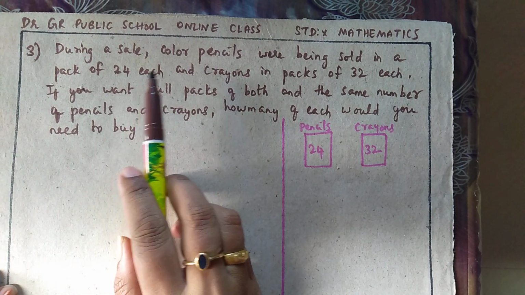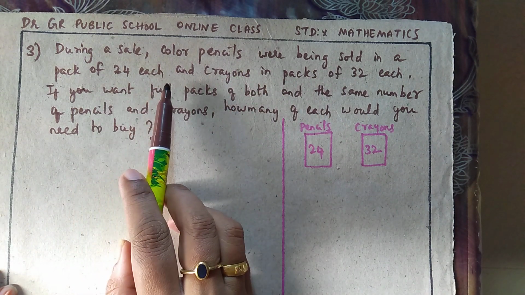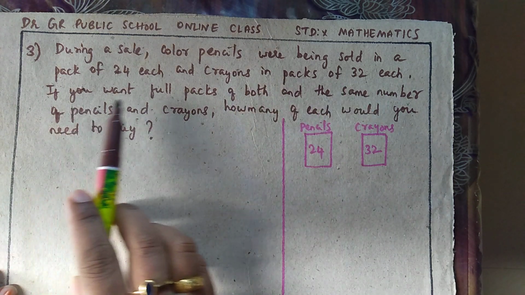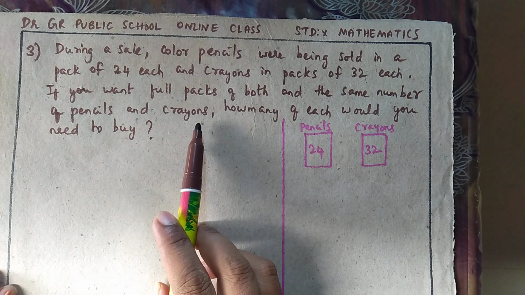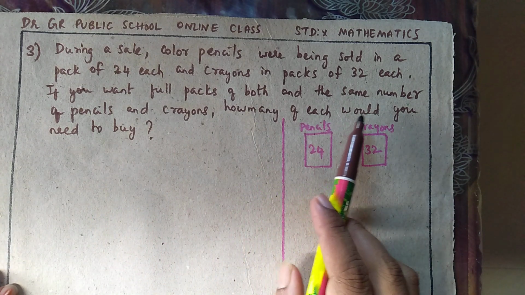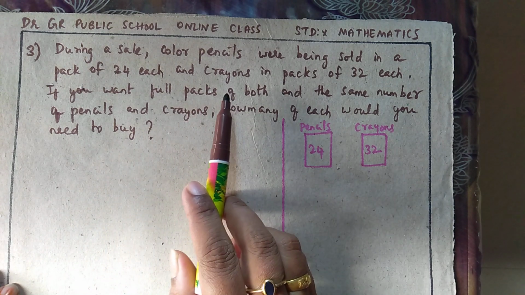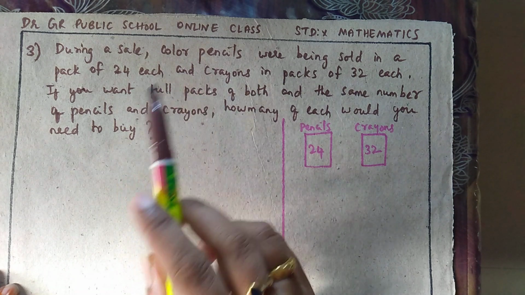During a sale, color pencils were being sold in a pack of 24 each and crayons in packs of 32 each. If you want full packs of both and the same number of pencils and crayons, how many of each would you need to buy? So here the thing is about color pencils and crayons.